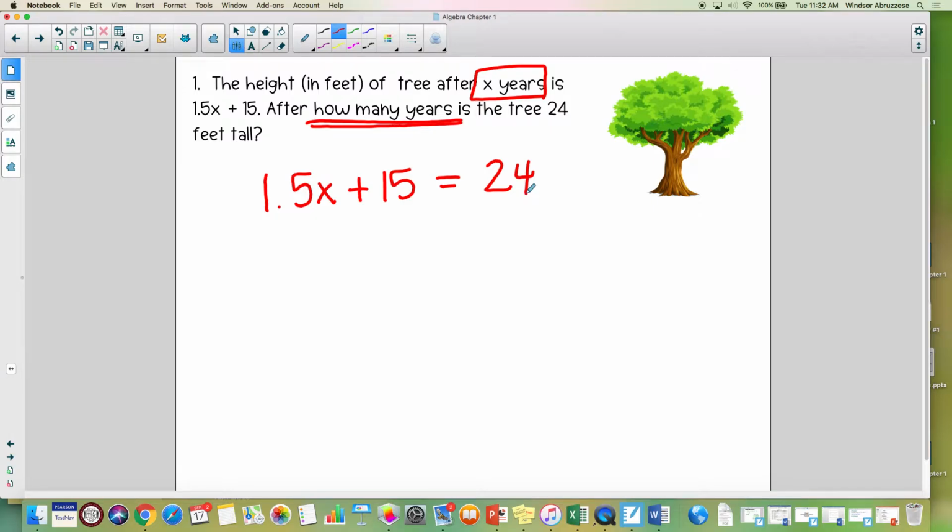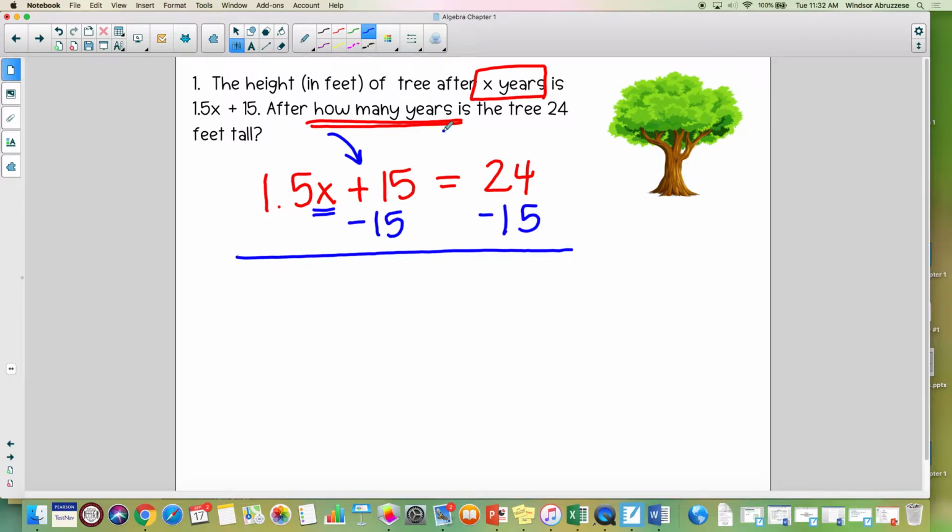So here is our two-step equation: 1 5/10 x plus 15 equals 24. Again, remember you want to isolate the variable. So first you need to eliminate the constant, which is a positive 15, by doing the inverse. I'm going to subtract 15 on both sides of the equation.